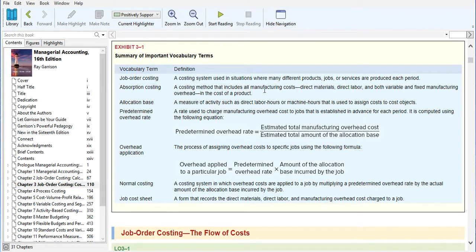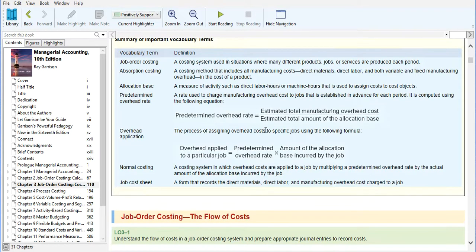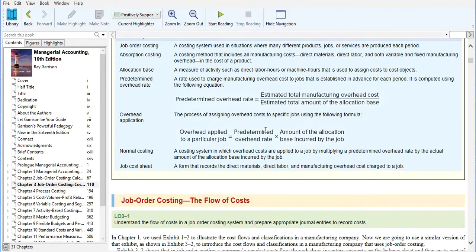All of those are product costs. The allocation base is many times direct labor hours or machine hours. The predetermined overhead rate is the total estimated manufacturing overhead divided by the estimated total of the base. Applying it is taking the predetermined overhead rate times the amount of the allocation base.